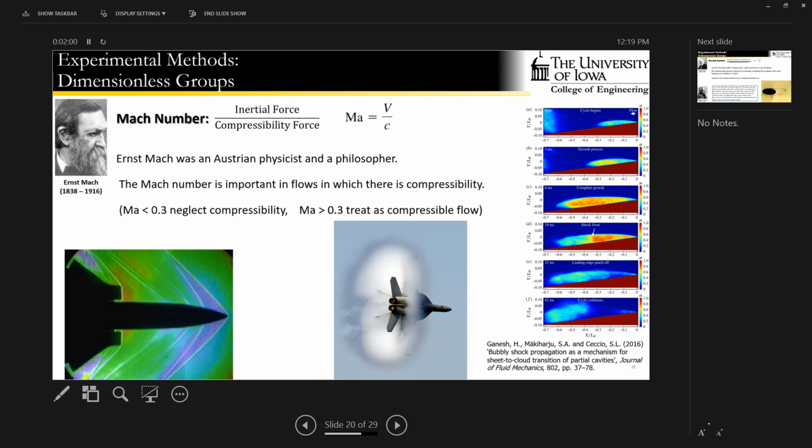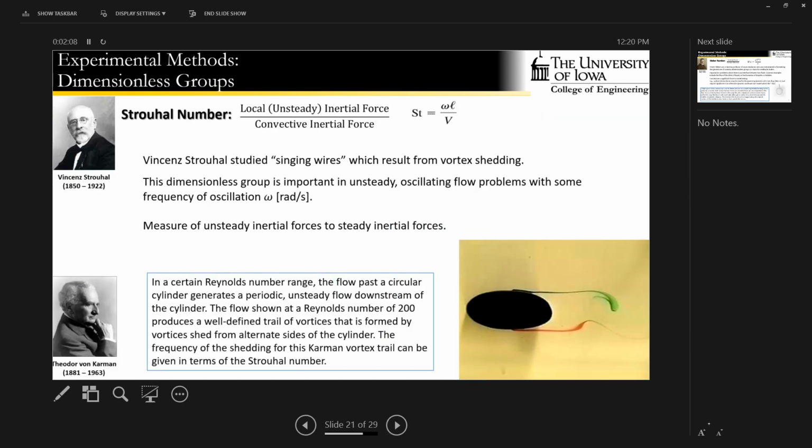There's the Mach number, which is defined as the speed of a flow over the acoustic speed in that flow, or the speed of sound. The Strouhal number is defined as the frequency of some occurrence times a length scale over the velocity. And this is what underpins the process that we call von Karman vortex shedding.